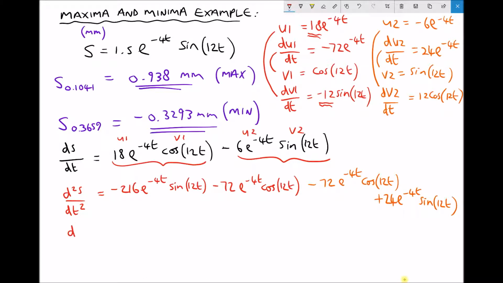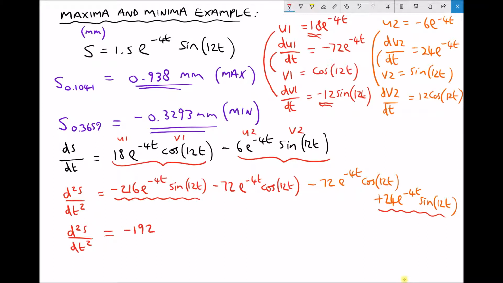Okay, now because we have two terms involving sine and two terms involving cos, we can actually combine these. So we have minus 216 e to the minus 4t sine 12t. And to that we need to add 24e to the minus 4t sine 12t. All we need to do is add the two coefficients. So minus 216 plus 24, which equals minus 192.